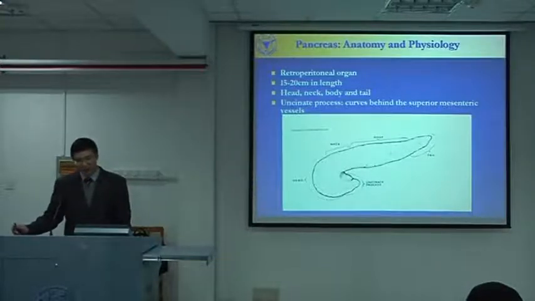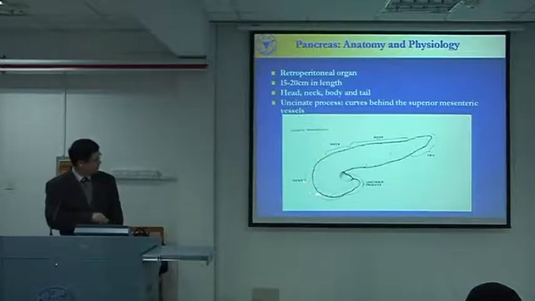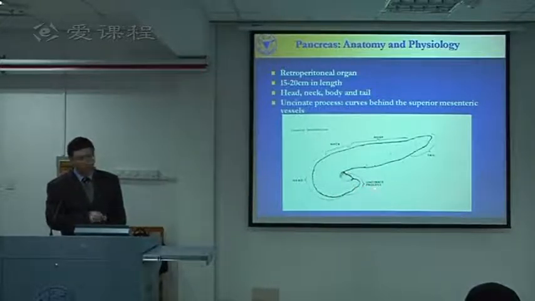We all know the pancreas can be divided into 4 parts: the pancreatic head, neck, body, and tail. We can see here the uncinate process.